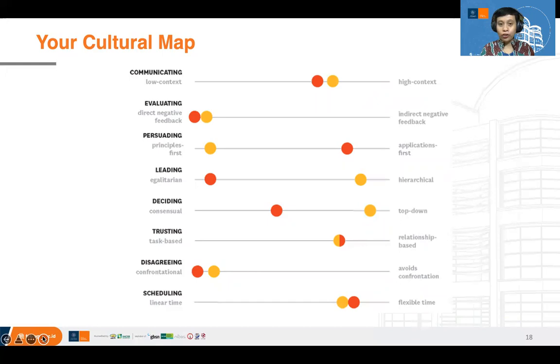So what is the suggestion, students? If you are coming to a cross-cultural meeting and you see that a lot of people are coming with different cultural backgrounds, a very specific suggestion is that you need to assess those differences.